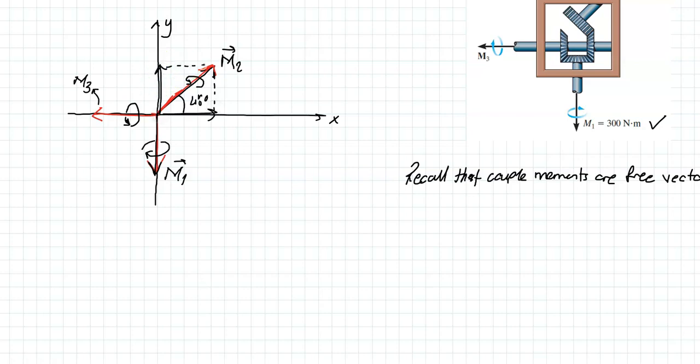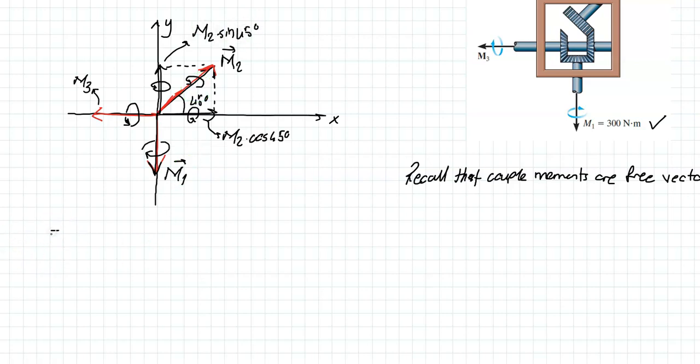This would be a vector like that, and this would be a vector like that. The x component would be M2 times cosine 45 degrees, and the y component would be M2 times sine 45 degrees.